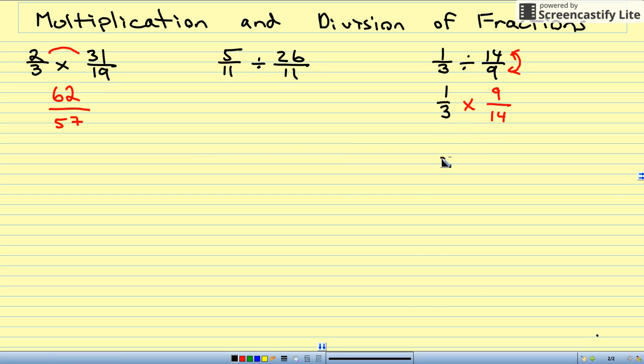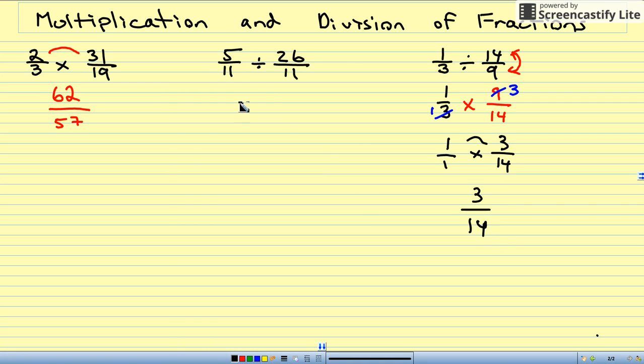Now for this one, I'm going to do what's called cross-canceling, which means I can take this 3 and 9 and cross-cancel. They're both divisible by 3. So I'm going to divide by 3. 3 divided by 3 is 1. 9 divided by 3 is 3. Makes the problem easier. So I've got 1 over 1 times 3 over 14. Well, 1 times 3 is 3. 1 times 14 is 14.